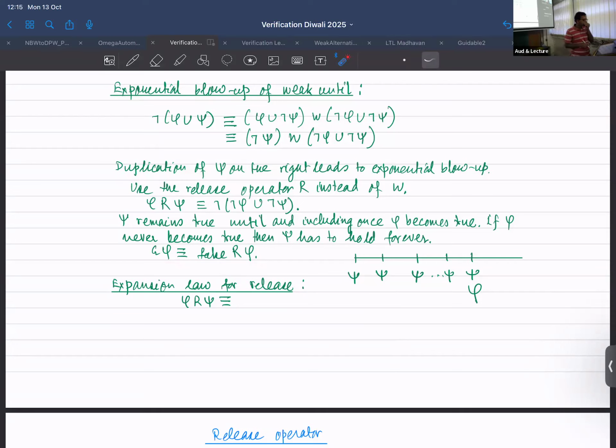Now what about phi release psi? What is the expansion law for this now? So psi, it says that psi has to hold.